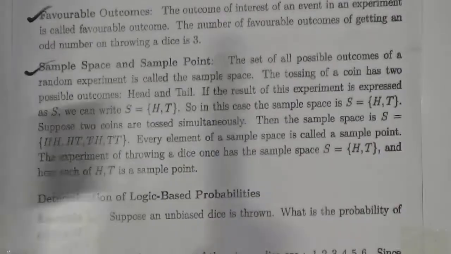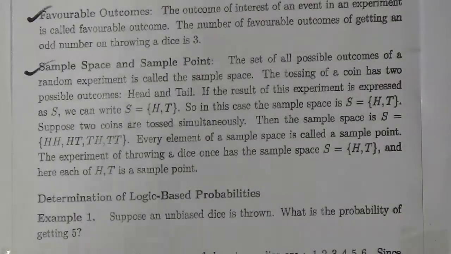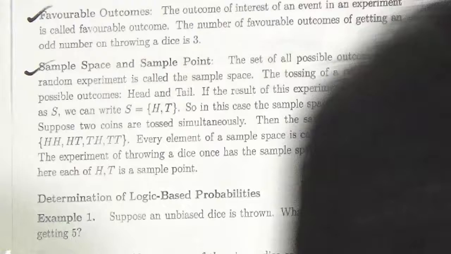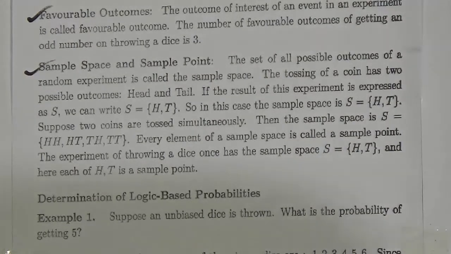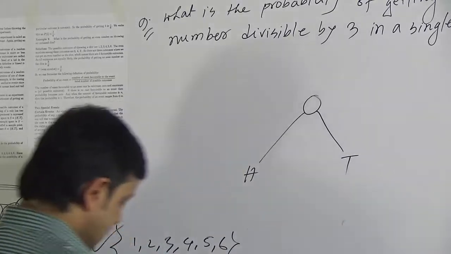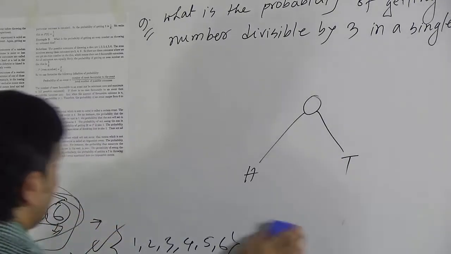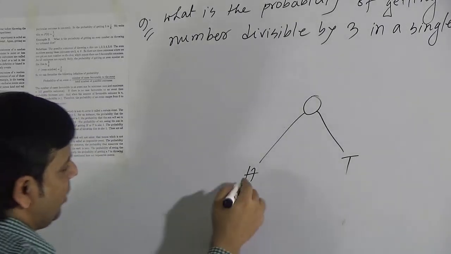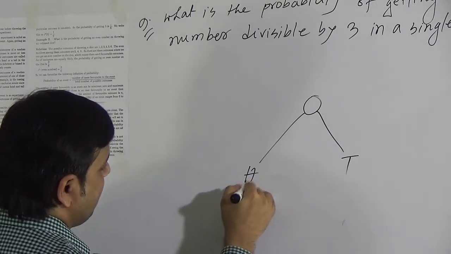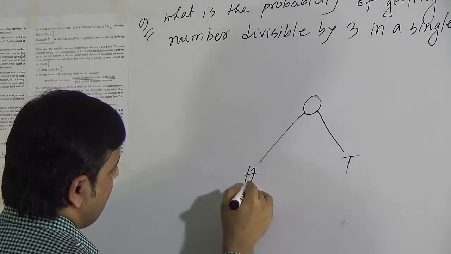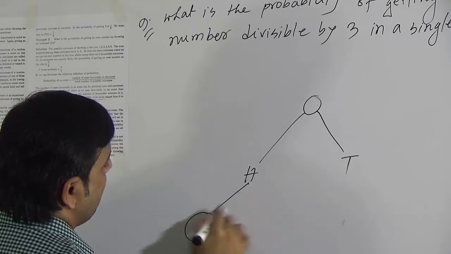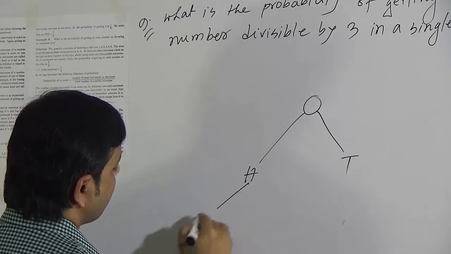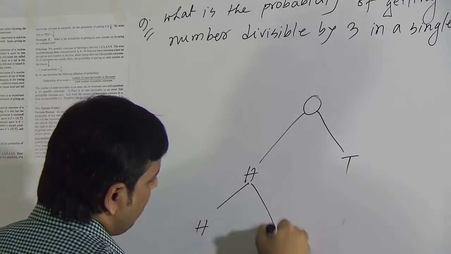Suppose two coins are tossed. If you toss the coin, you may get head or tail. Suppose you got head in the first toss or first coin. In the second coin or second toss, in case of head in the first, you may get head or tail.